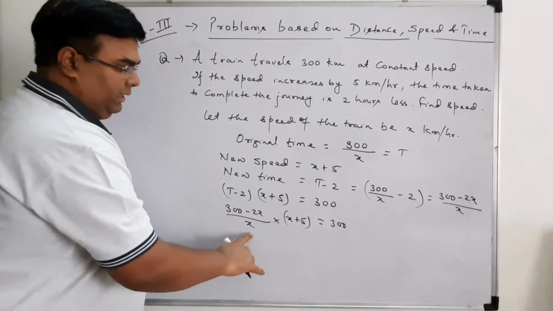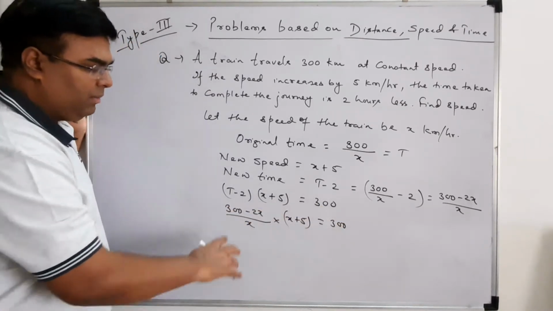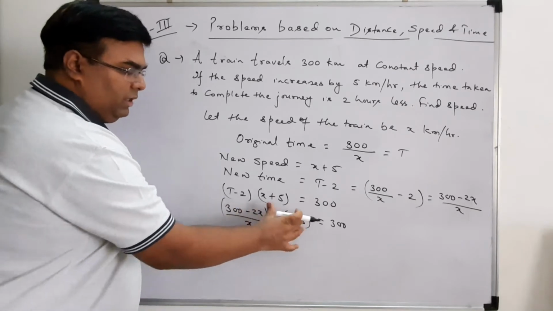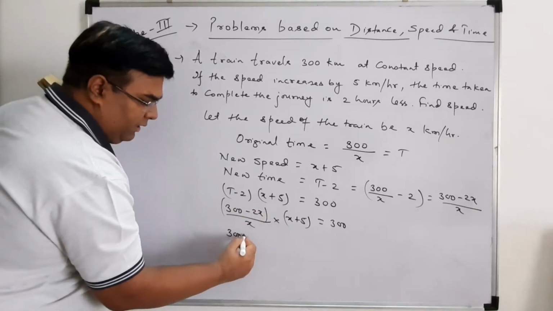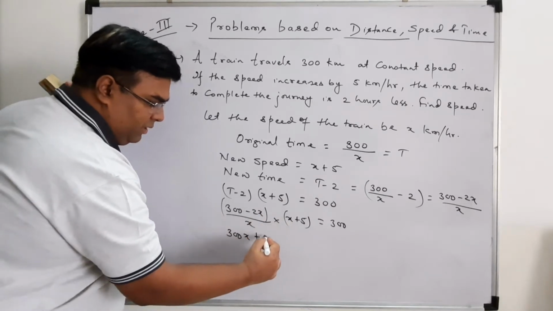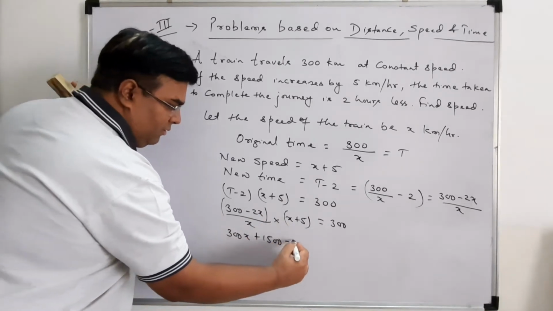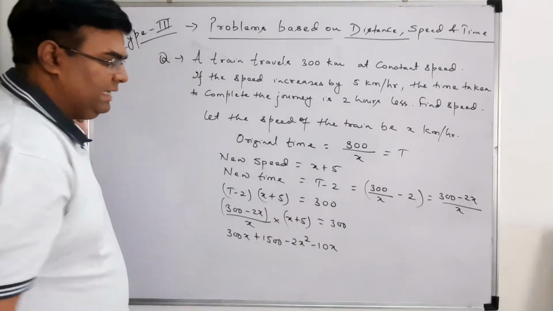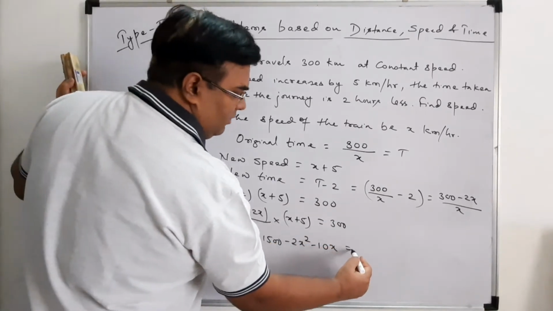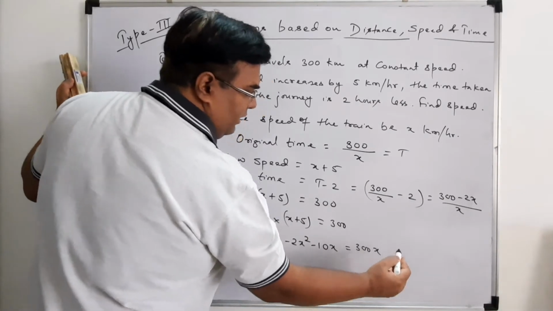Okay, taking this x there and then multiplying these two terms, we can get 300x plus 1500 minus 2x square minus 10x is equal to 300x.